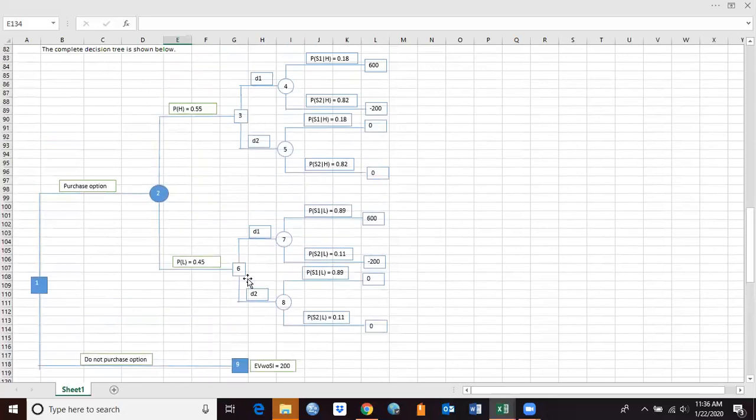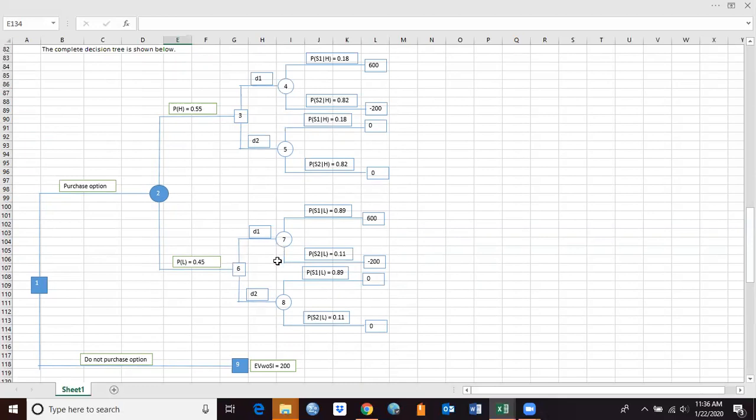That means, let me rephrase that, if the resistance to rezoning is low, then go ahead and buy the land. That's what it means.